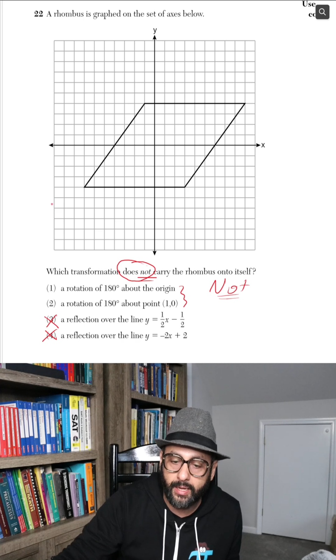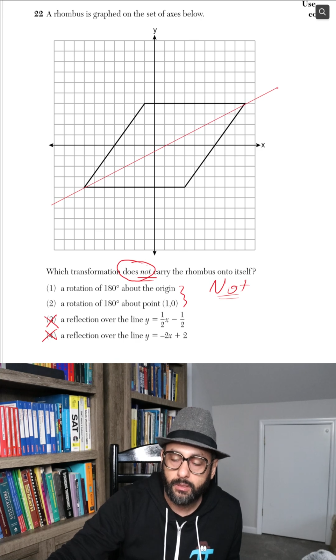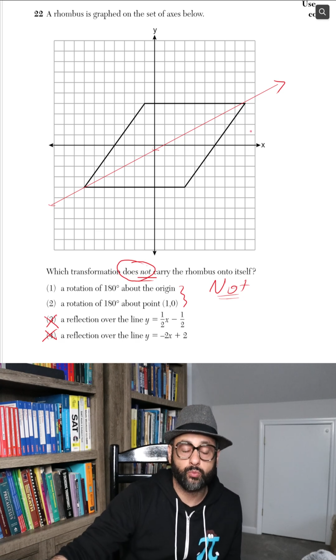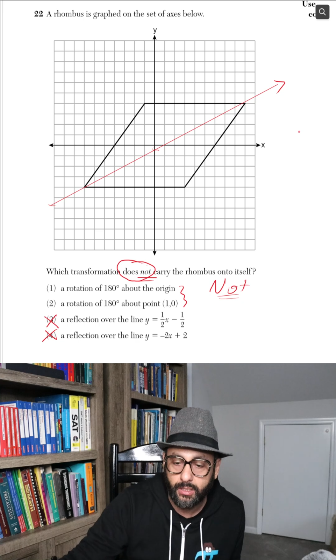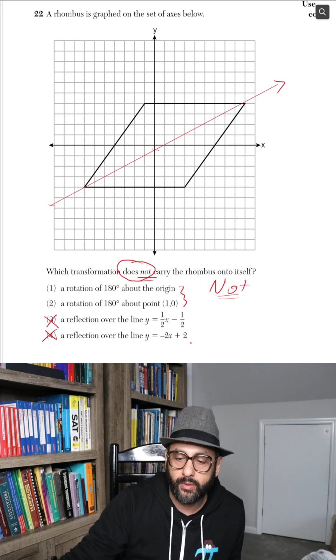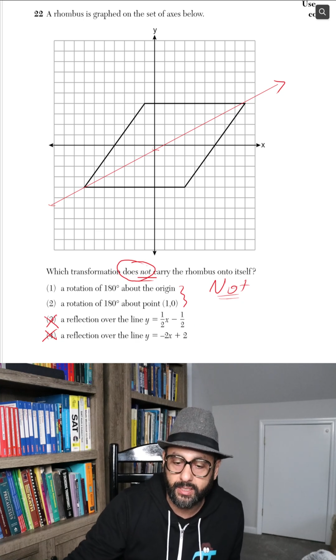And you get, let's see if it lets me, good. You get this line, which is y equals 1/2 x plus 1/2, which you see goes through the two vertices. It's one of the two lines of symmetry of this figure. So that's not the answer. That proves that it's not the answer.